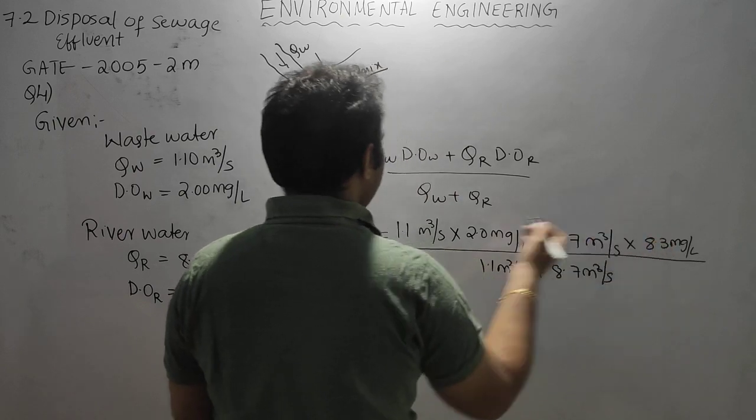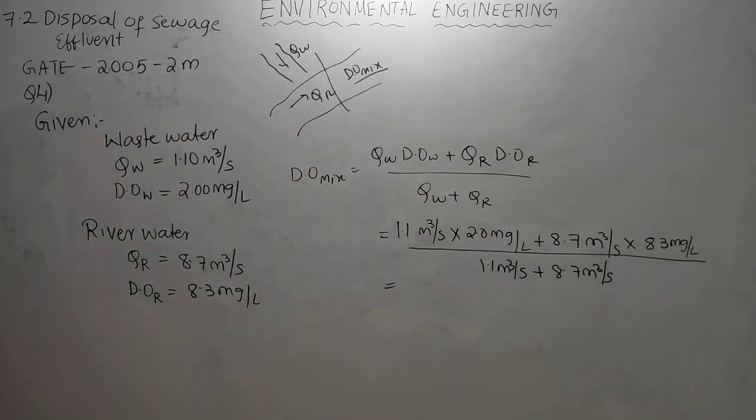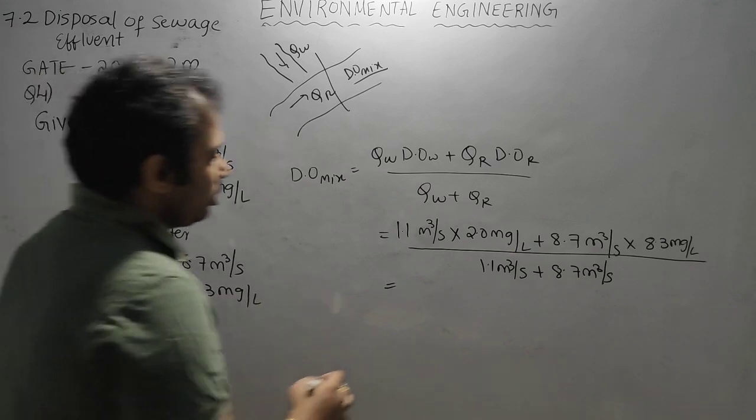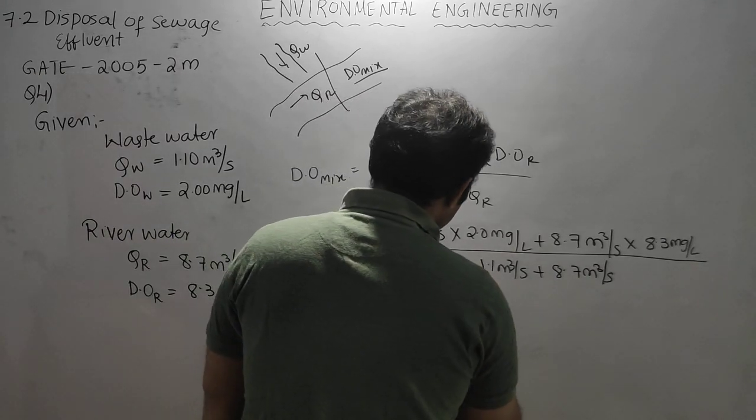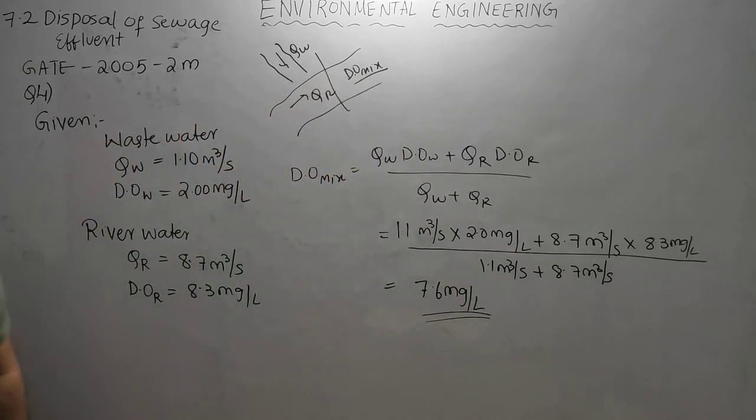Then we will get it in mg per liter. So the value of DO mixture is 7.6 mg per liter. This is the answer given for 2 marks.